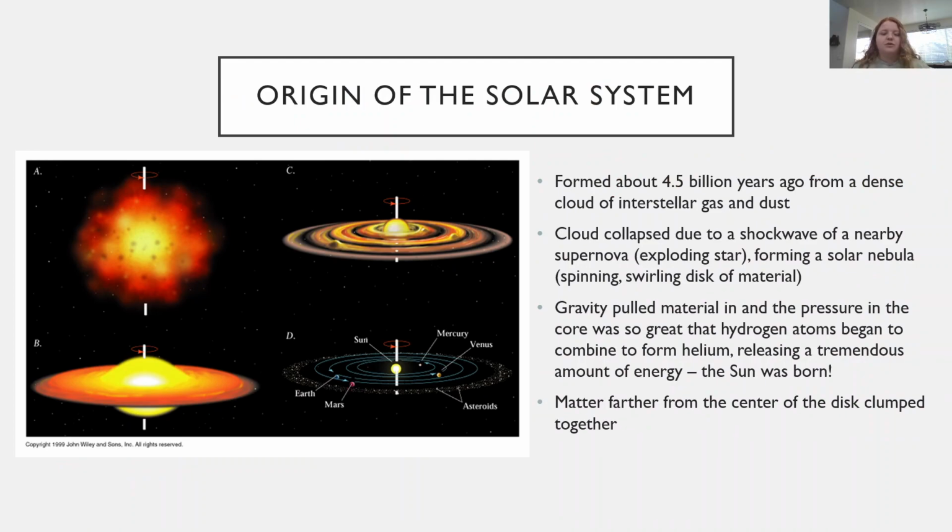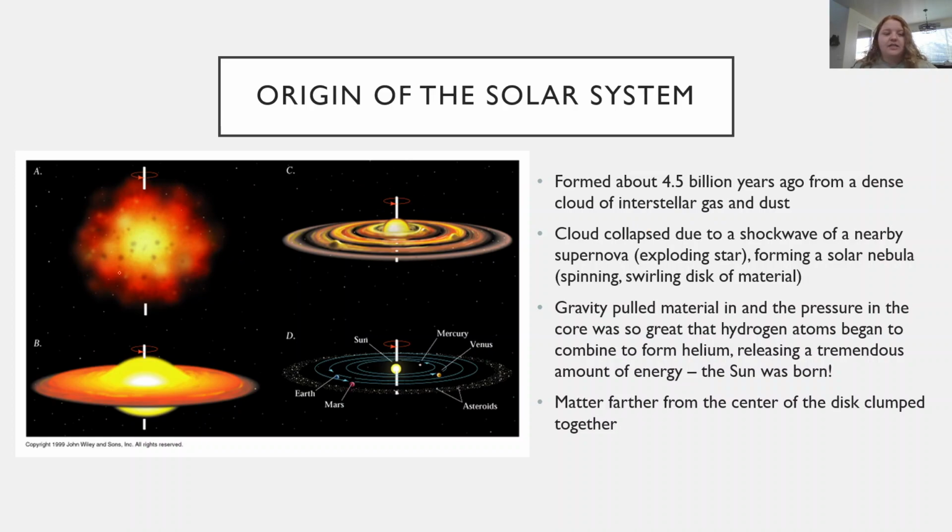All right, let's quickly talk about the origin of the solar system. So this is a quick depiction of this. About 4.5 billion years ago, there was a dense cloud that started to form. And that cloud was made of interstellar gas and dust.